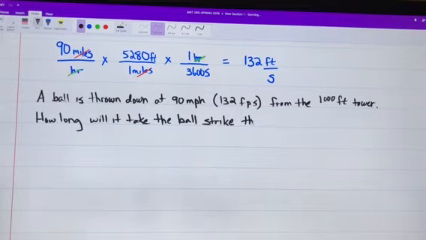For this particular case, we're going to go back to very much the same equations, still working with the gravitational constant of 32 feet per second squared.